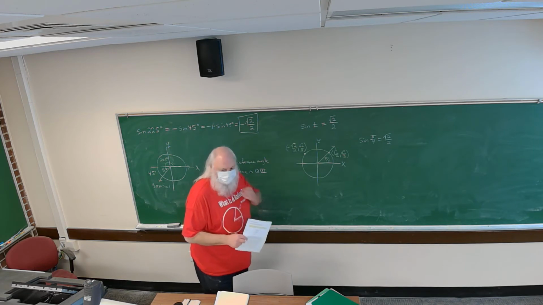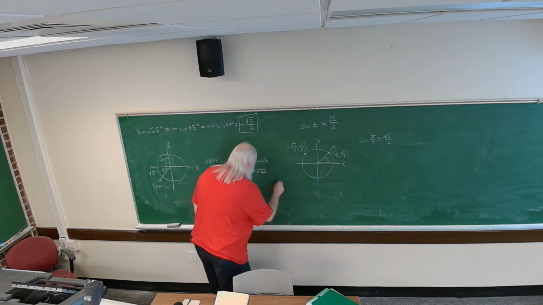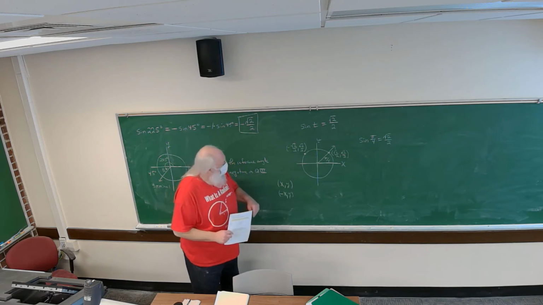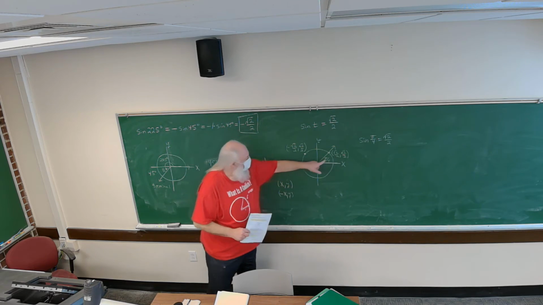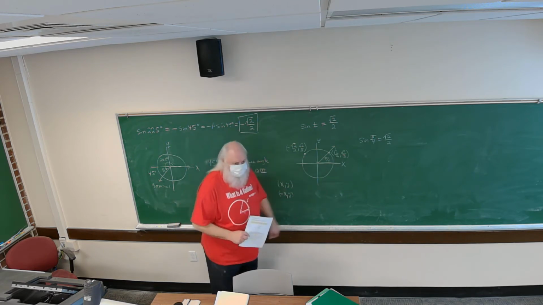Remember, if a graph has y-axis symmetry, for every point x, y on the graph, the point minus x, y is also on the graph, okay, for y-axis symmetry. So we just have to change the sign of the x coordinate to get this point over here that's symmetric to this point.